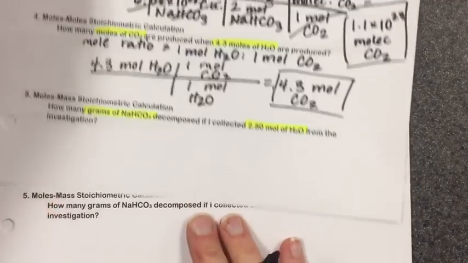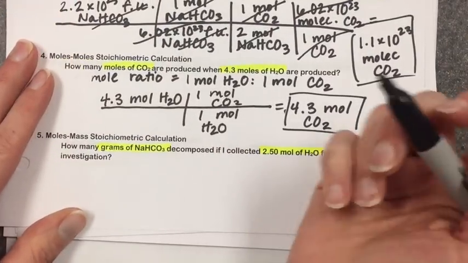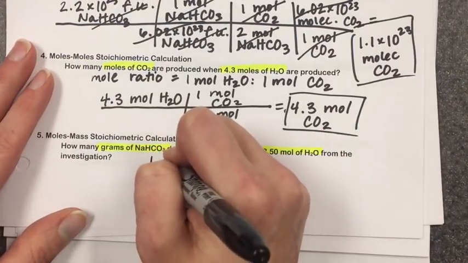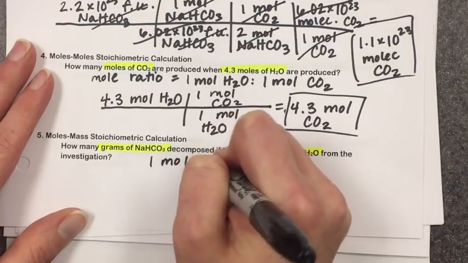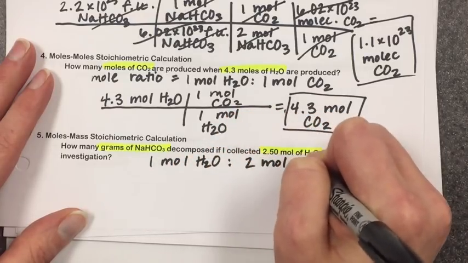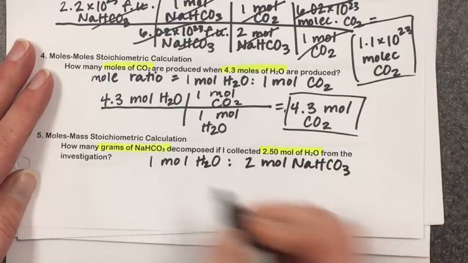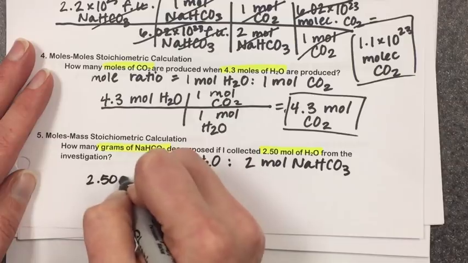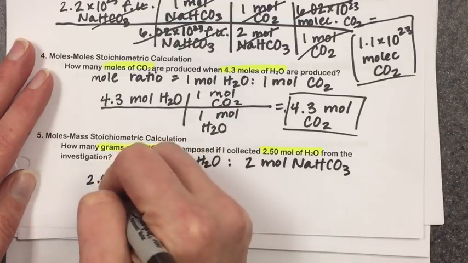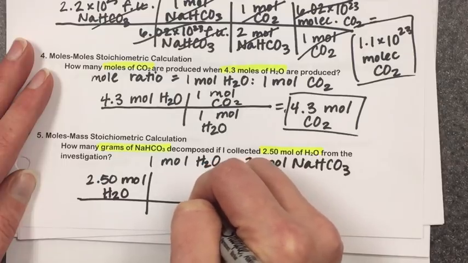Okay. So my mole ratio is going to be 1 mole of H2O for every 2 moles of NaHCO3. Let me start with my given amount. Draw my lines and drop my unit.